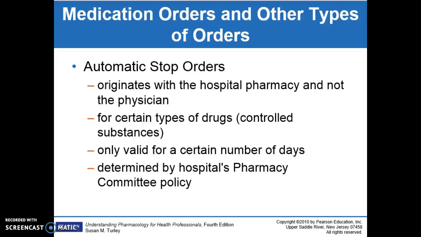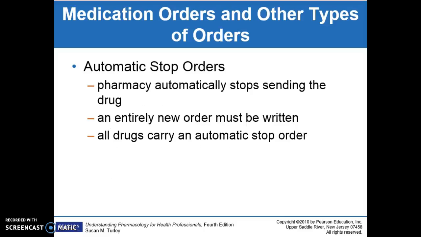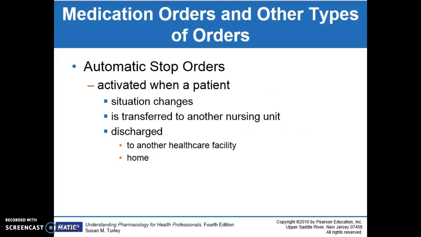Specifically, controlled substances are ones that will have an automatic stop, so they only are for a certain number of days. Then at that point, the pharmacy knows to stop sending those drugs. Anytime a patient's situation changes, those automatic stops will also go into place.